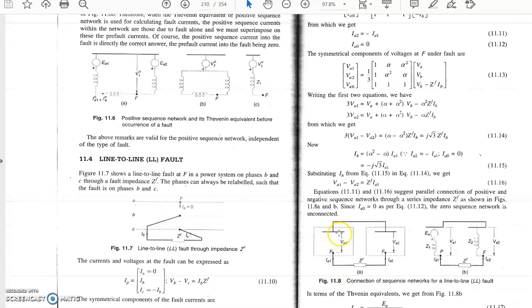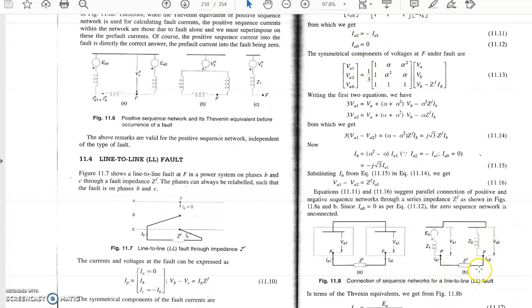This will become VA1 and VA2, and it is IA1 and IA2, and it is ZF. On its Thevenin equivalent, the source is Ea with Z1 and IA1, and Z2 with VA2 and IA2. So we can cross check our equations from this diagram. From this we can say that IA1 equals minus IA2.